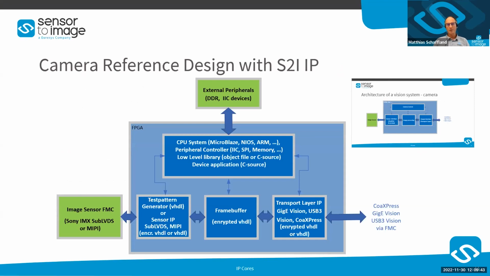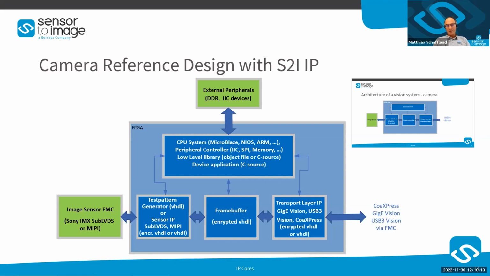How does a typical camera reference design look like with an IP core from Sensor to Image? On the right side, you see the typical architecture, and matching that, it's very similar. So you have an external sensor, could be connected via an FMC card to an evaluation board or something like that.